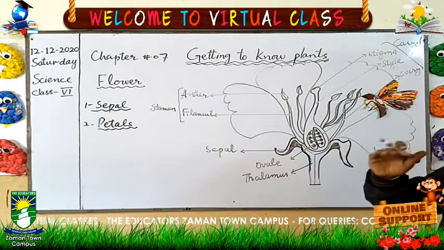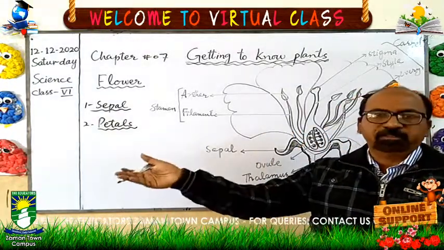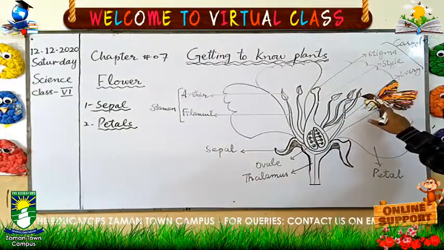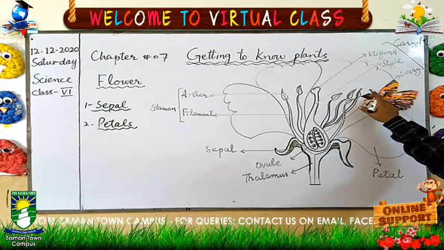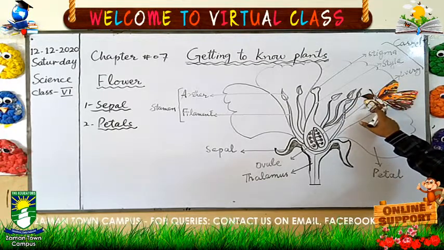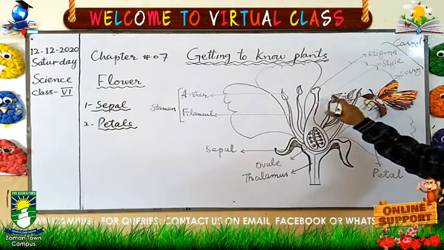Pollination means transfer of pollen grains from one plant to another plant. So when they sit for the nectar, the pollen grains get attached to their legs.